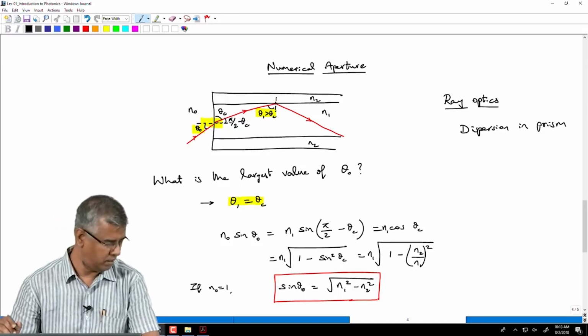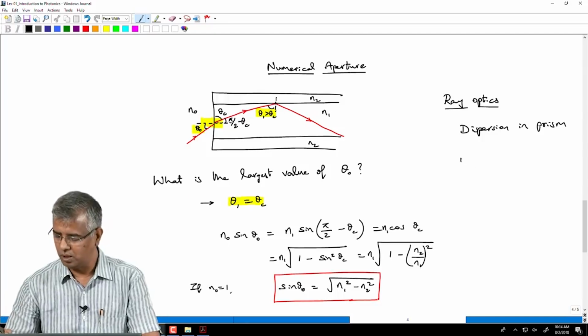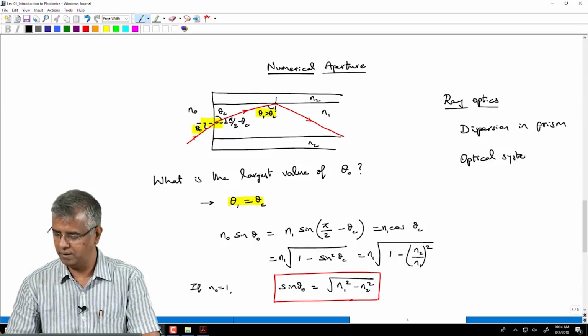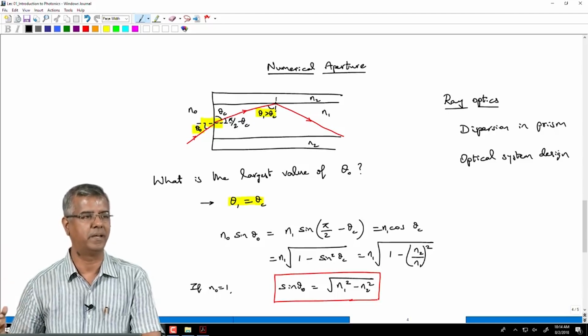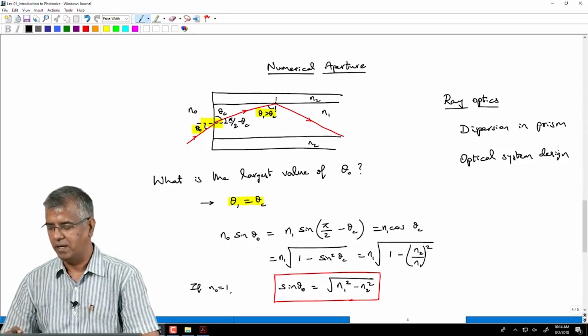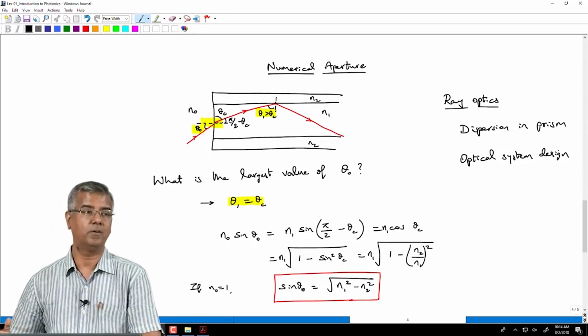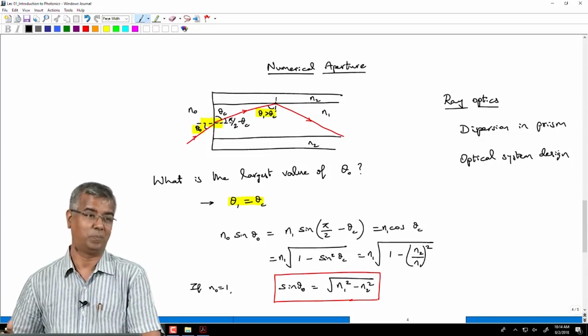You can actually do optical system design, right, which is consisting of multiple lenses, multiple mirrors and so on. You can do all that optical system design, and you can go all the way up to designing a telescope.